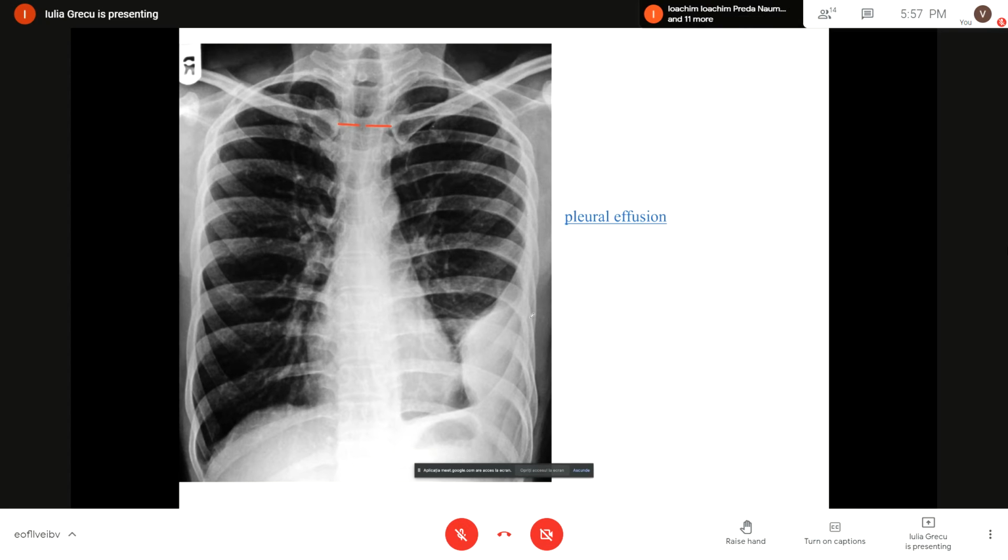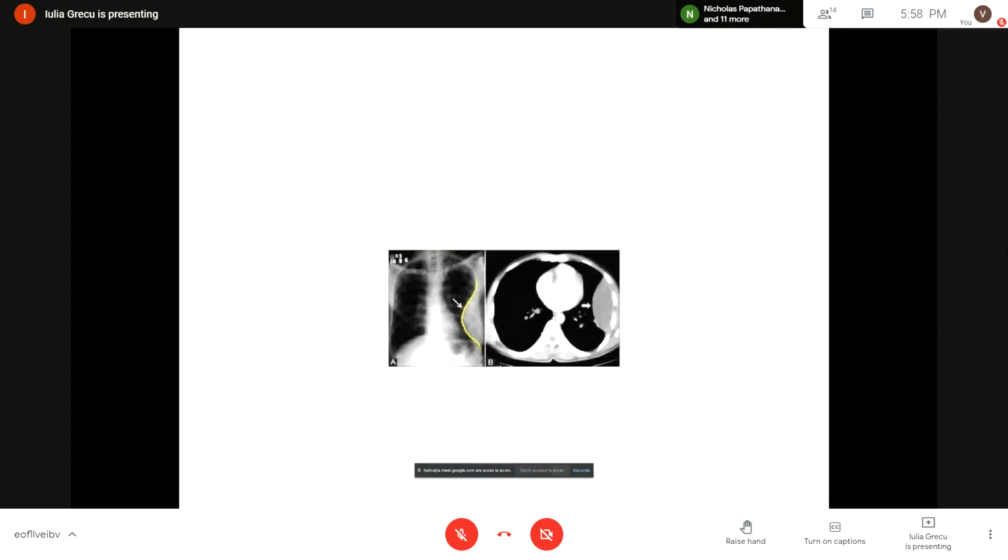A pleural effusion, but it doesn't seem to fuse. Okay, it seems a bit stuck, hanging there. So what can it be? It could be a loculated pleural effusion.